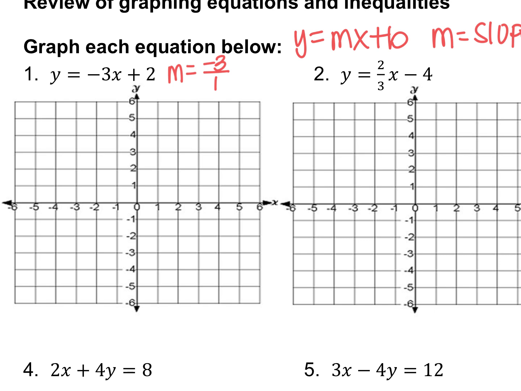And then what is my b value? What's my y-intercept? 2. So that means I start at 2, and then I go down 3, right 1. Down 3, right 1. Ta-da!